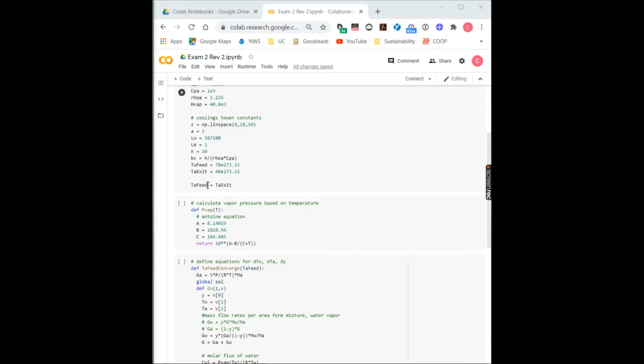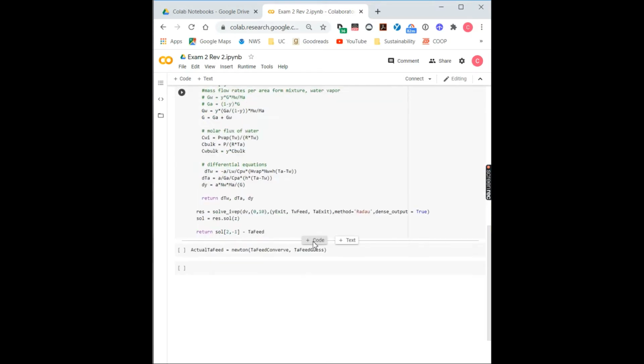And I'm realizing now, actually, this TA feed up here should be TA feed guess, because initially it's just a guess, it's not a calculated value. So, therefore, down here we have TA feed guess as our initial value, and we're going to optimize this value using our TA feed converge function and this Newton function here.